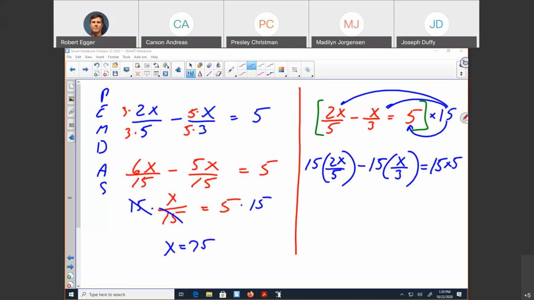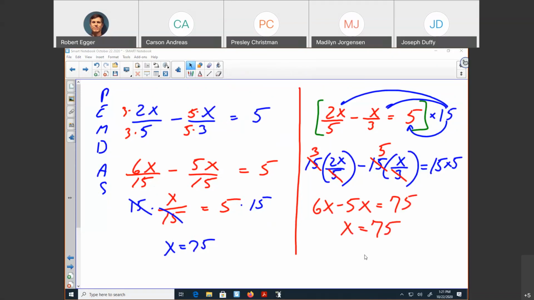Little cancellation, 3. Little cancellation, 5. So when I combine the 3 with the 2, I get 6x minus 5x equals 75. Of course, this is x equals 75. So either way works.